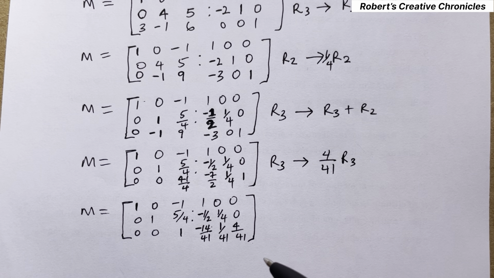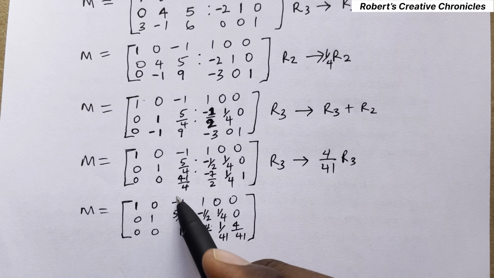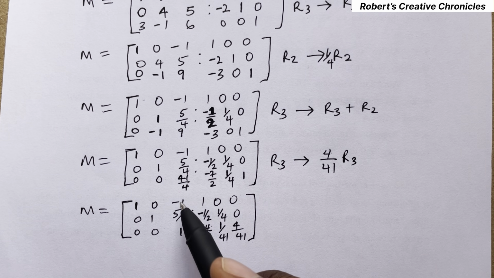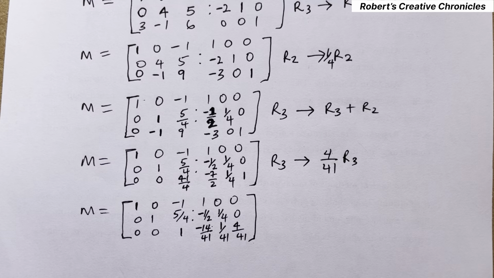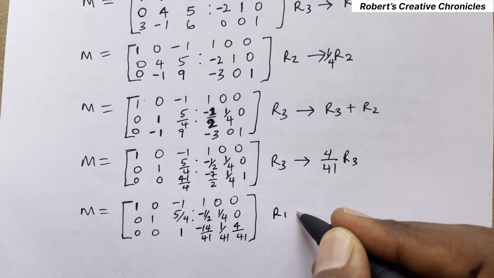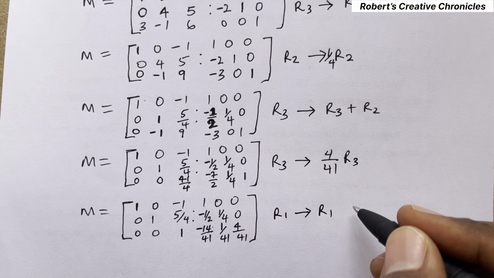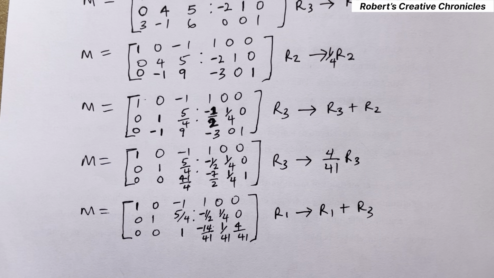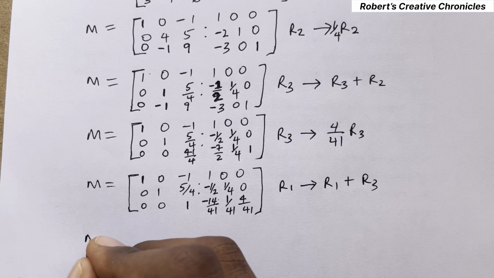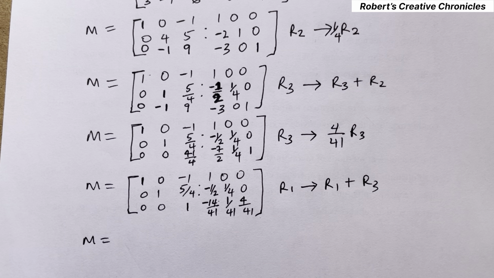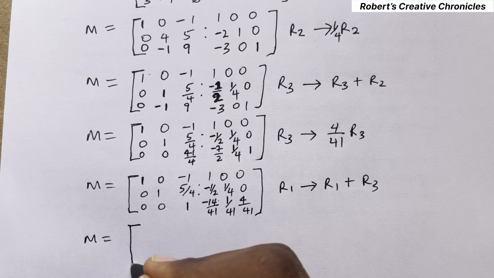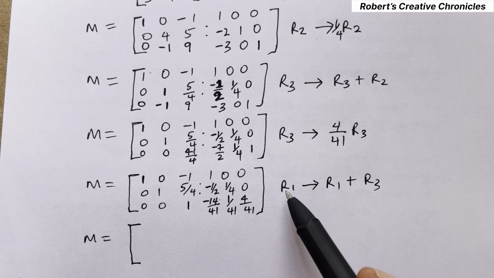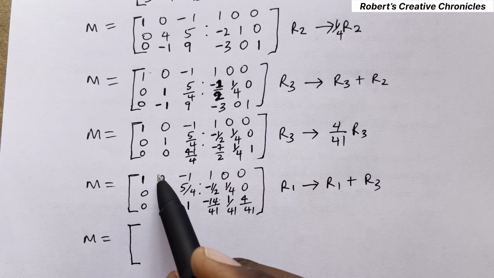So now we can easily convert this one to 0 by adding row 1 and row 3, because minus 1 plus 1 is 0. So we can easily say that row 1 now becomes row 1 plus row 3. So now row 1 is row 1 plus row 3.